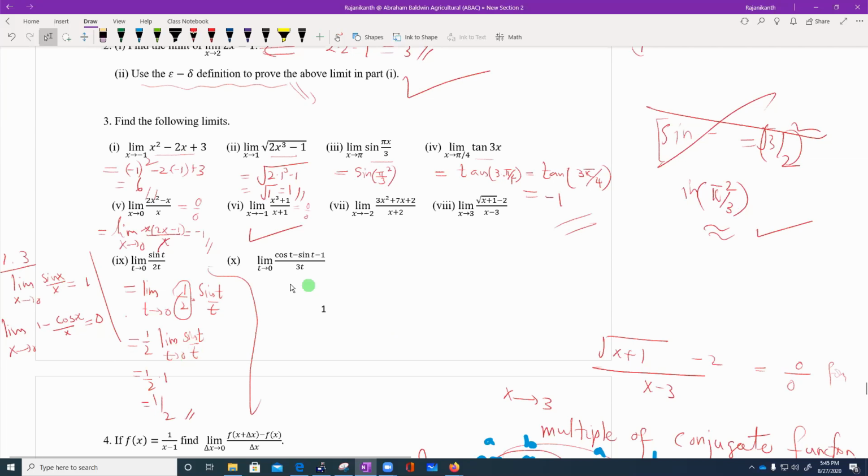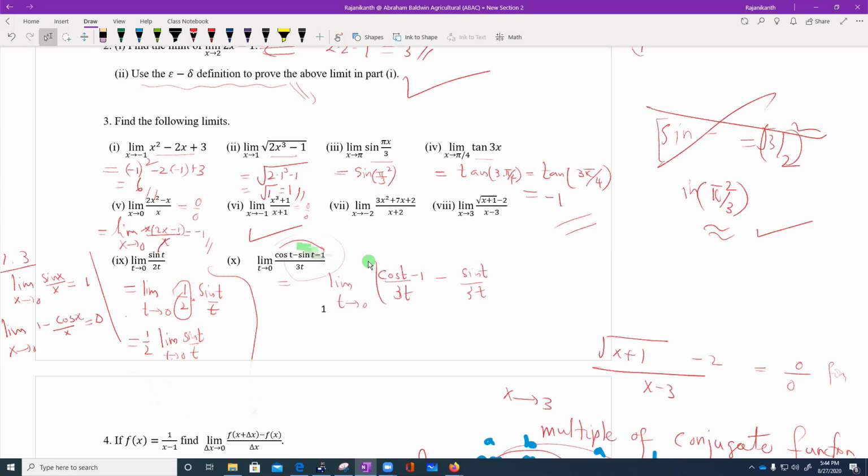But to do the second one, you have to play around a little bit to get into that second format. So what I'm going to do is write down the given problem in two pieces. First, I'm going to combine x and 1 in order to get the expression in the second. So I'm rewriting the given expression into two big terms: cosine t minus 1 over 3t and minus sine t over 3t.